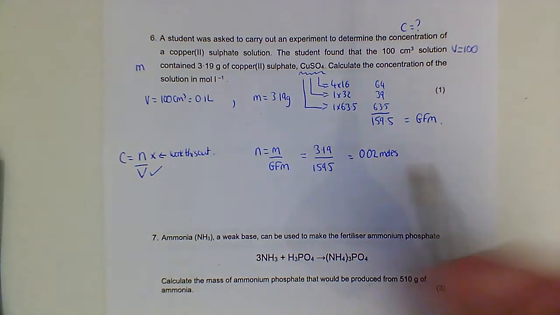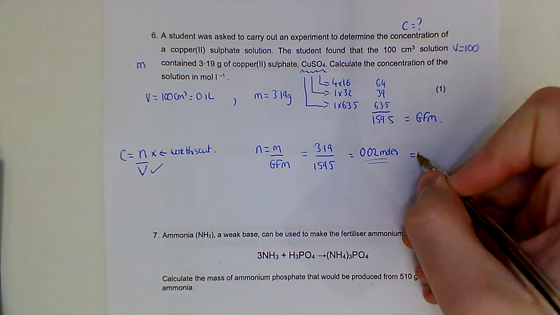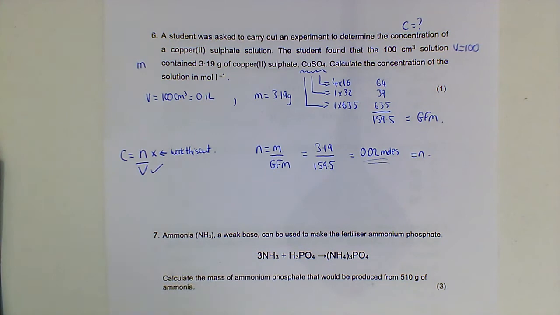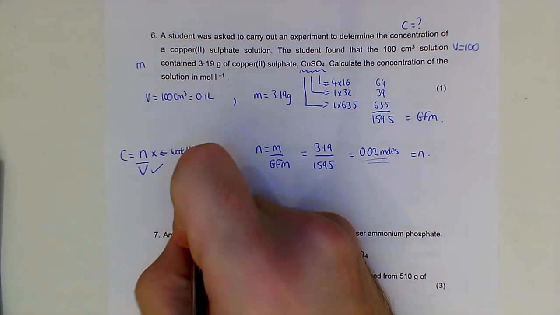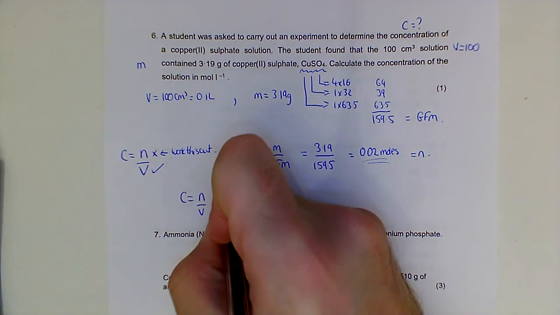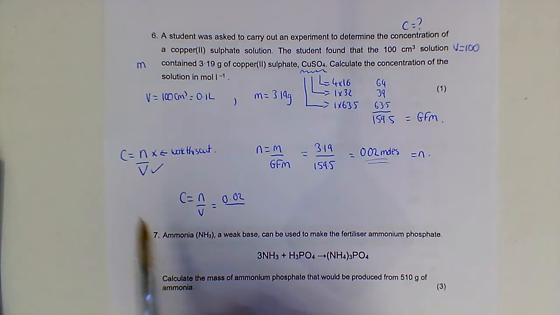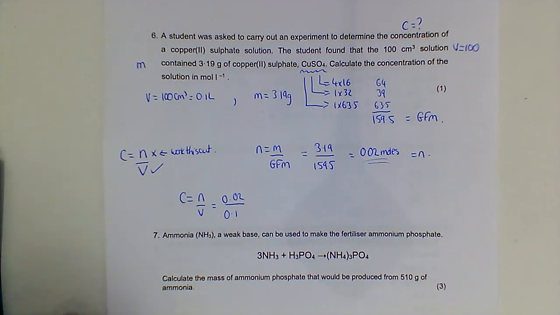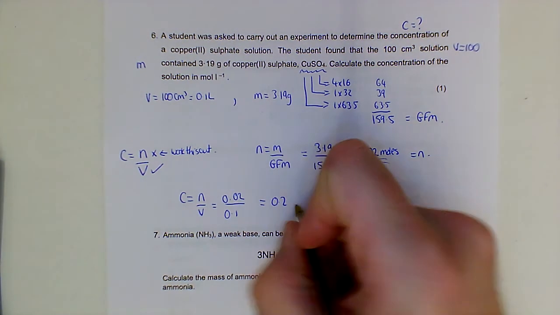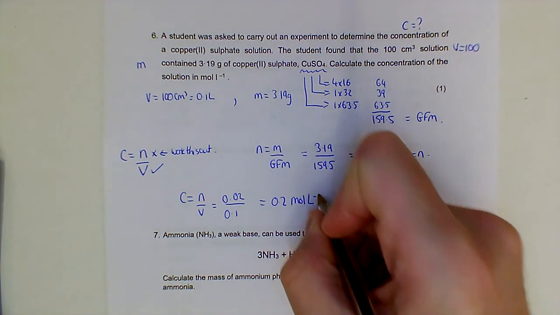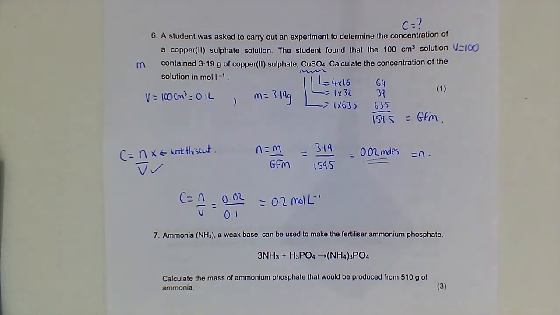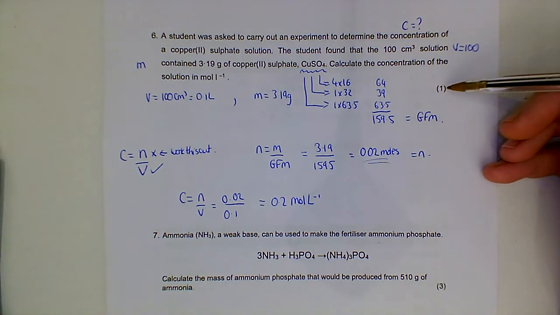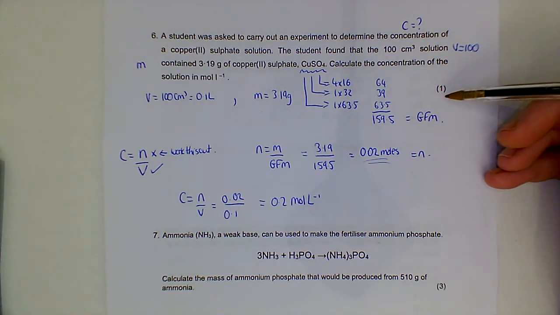So I've now got n. So I can now do this calculation. So C equals n divided by V, which is 0.02, and my volume was 0.1. And when I do that division, that gives me 0.2 moles per litre. That number says that this question was worth 1 mark. That question would not be worth 1 mark. That question would be 2 or 3 marks.